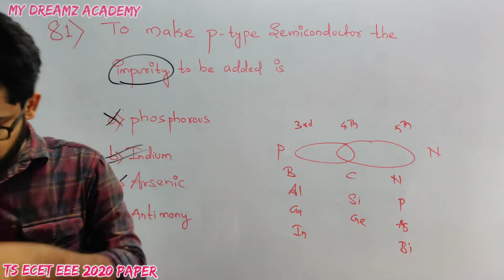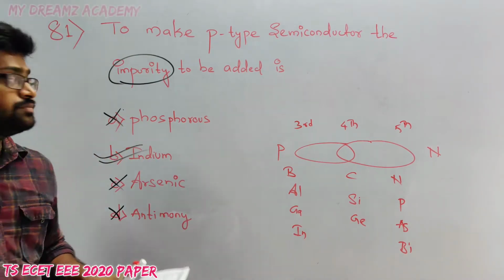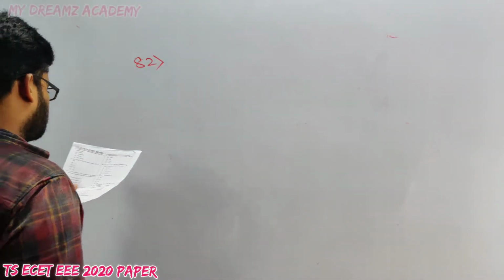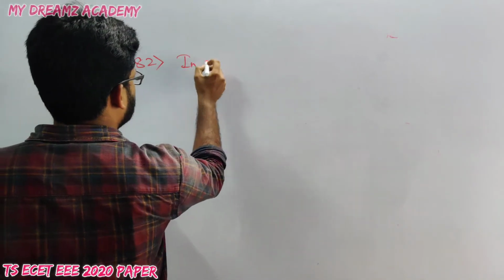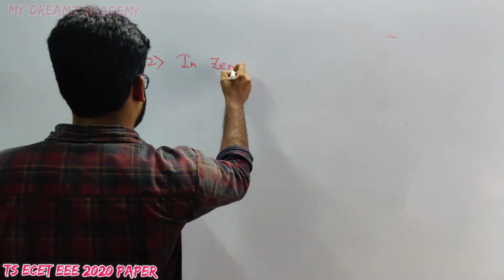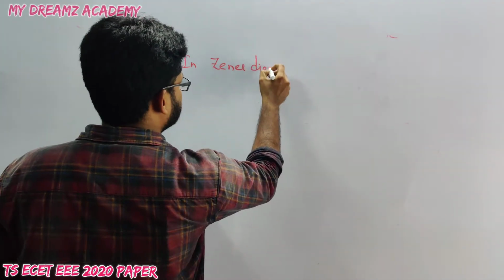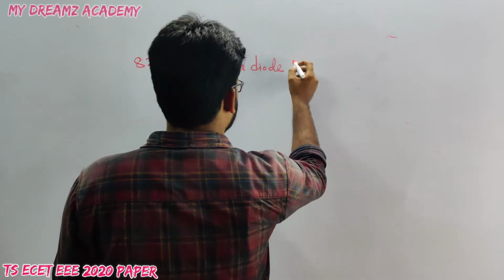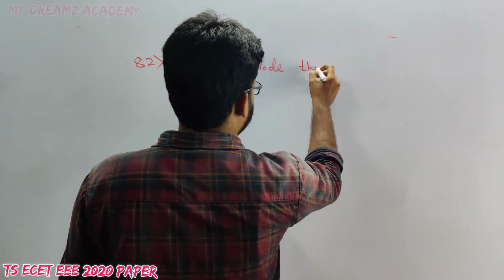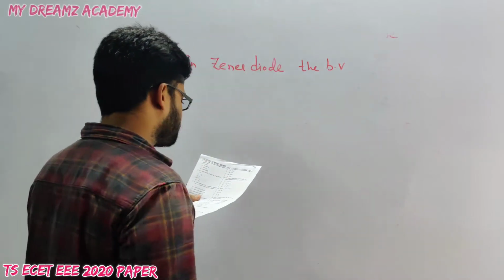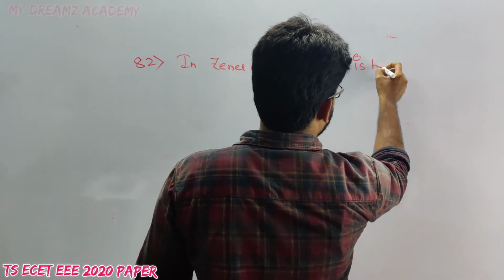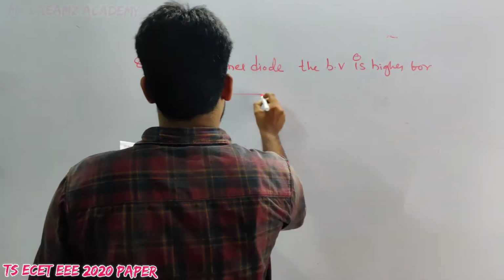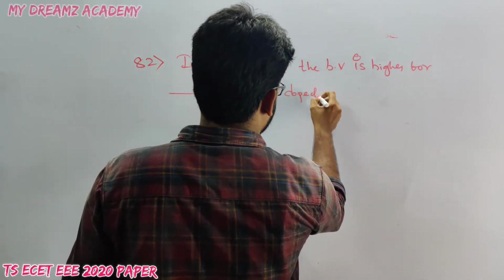Now we will see question number 82. In a Zener diode, the breakdown voltage is higher for dash doped diodes.